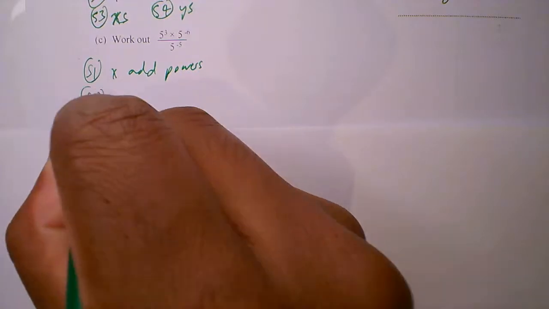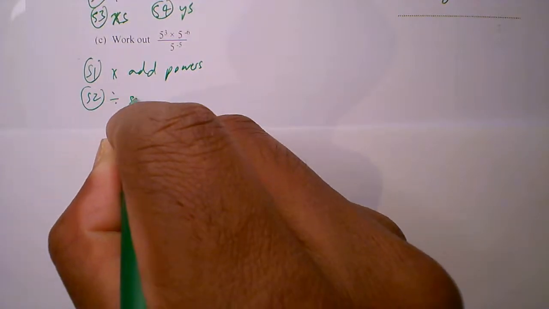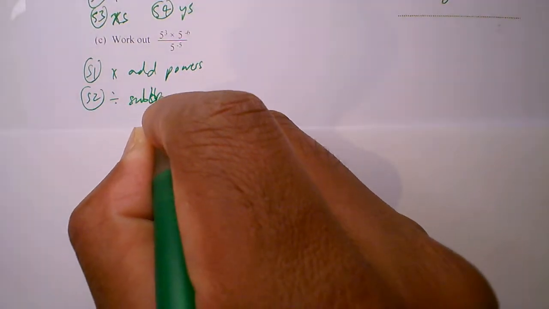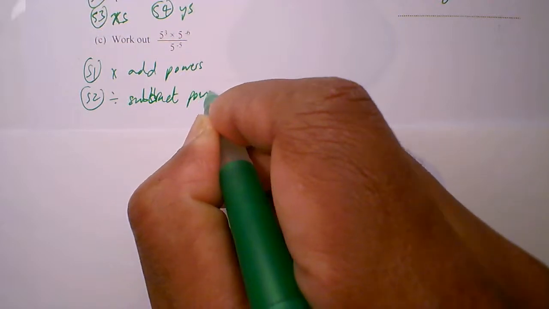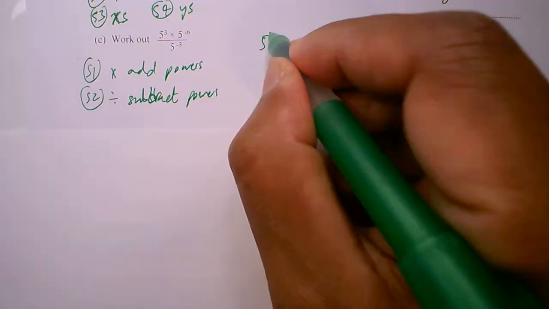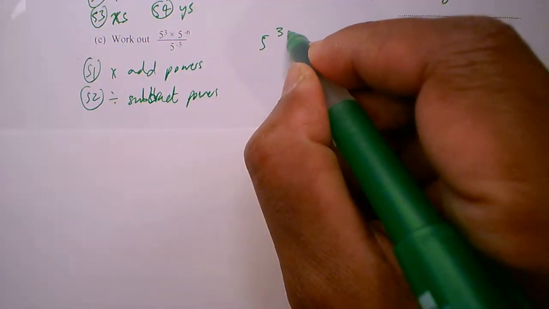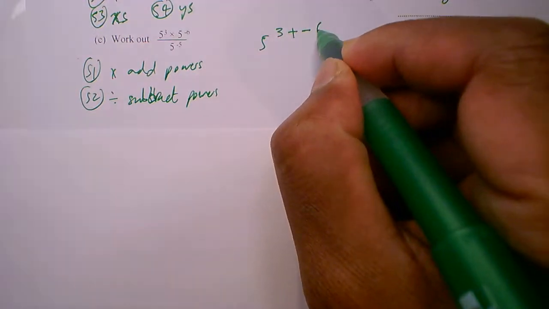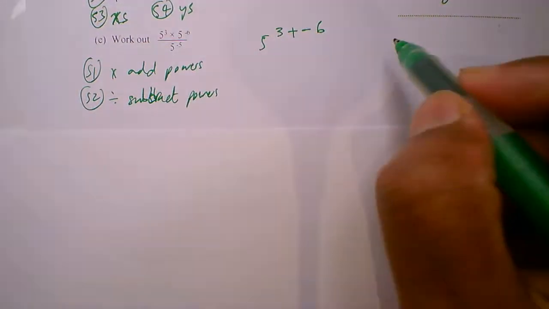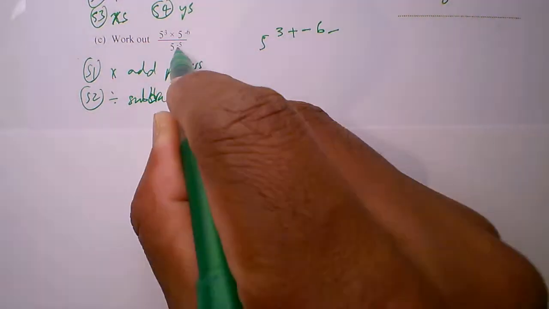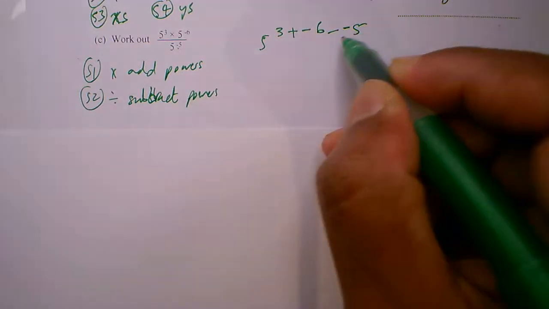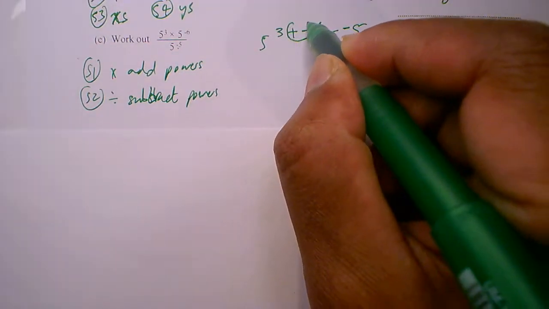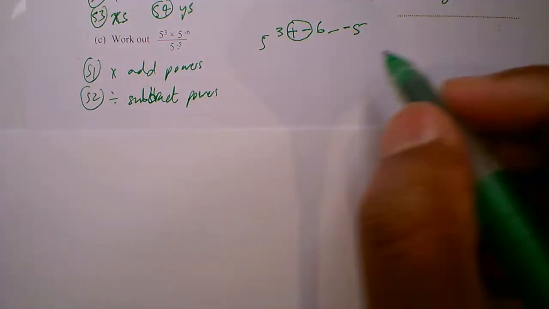And step 2: when I divide, I subtract the powers. So I've got 5 to the power 3 plus minus 6, then take away minus 5. So I've got to work on my signs here.